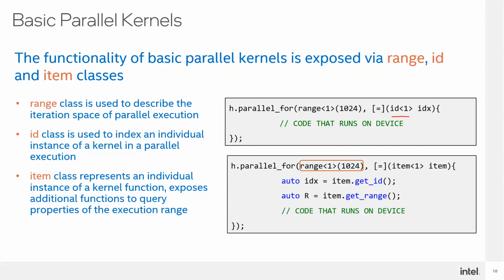For example, if you want to get some properties of the execution range, like get_range, right? To understand inside the code, what is the whole range? With the id class, you can't do this, while here you have these APIs. So it provides you more features which you can use.